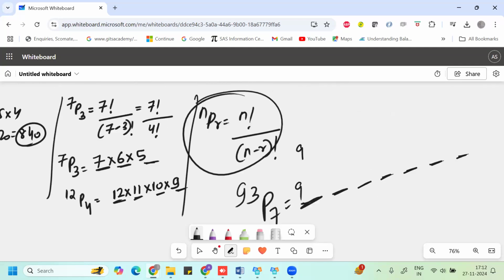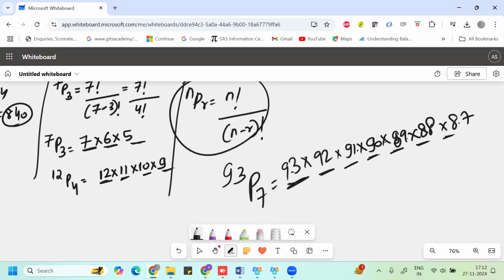Then write 93 into 92 into 91 into 90 into 89 into 88 into 87. Total 7. Clear everyone? Are you getting this?